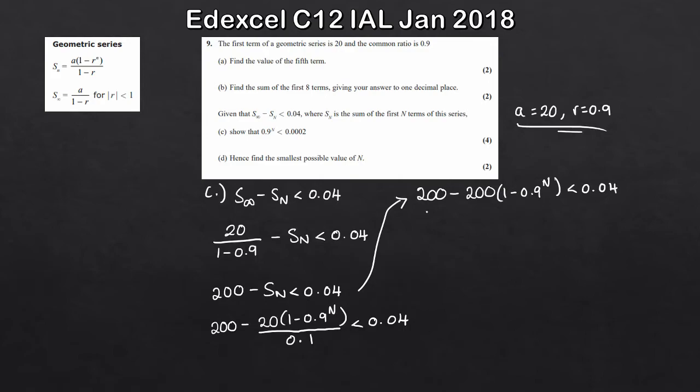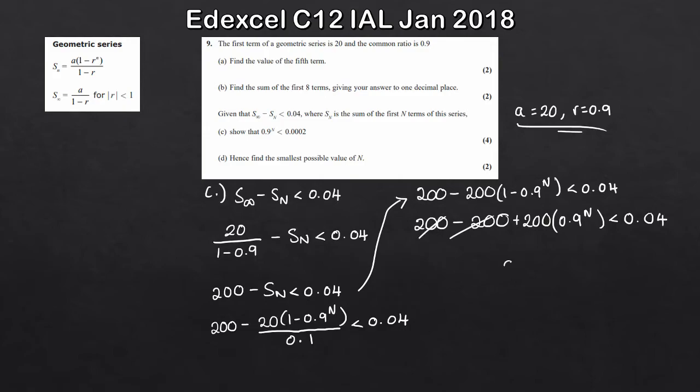Now imagine you expanded this. I've got 200 minus 200, and then minus of a minus is going to become positive. So what I end up then with is 200 lots of 0.9 to the n, and this is all less than 0.04. 200 minus 200, so they'll just cancel.